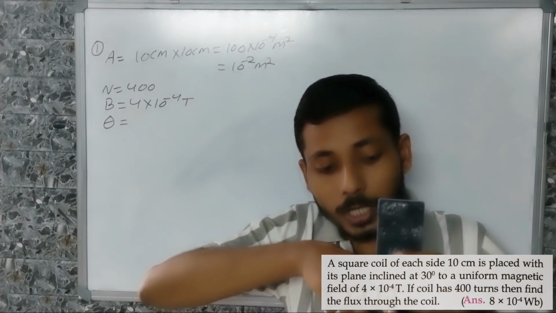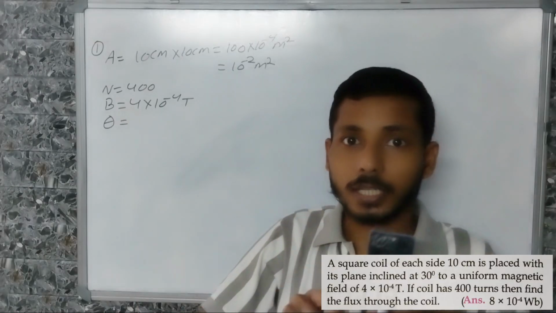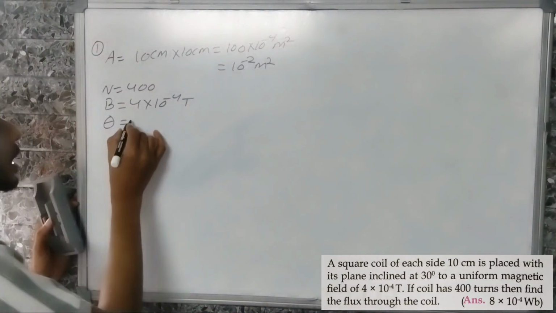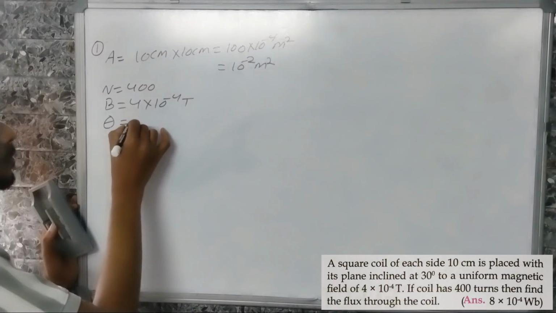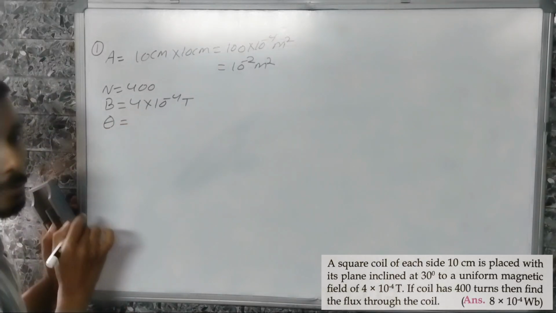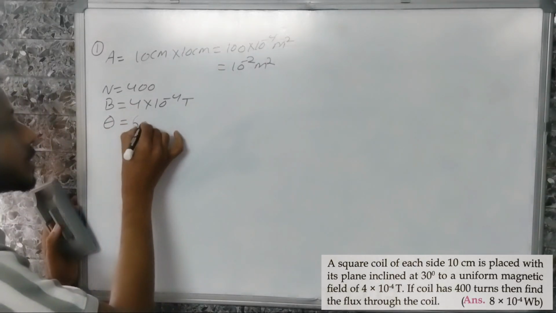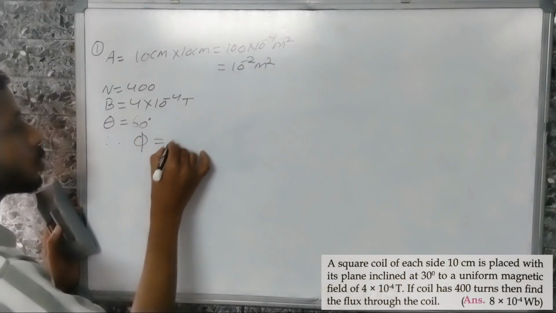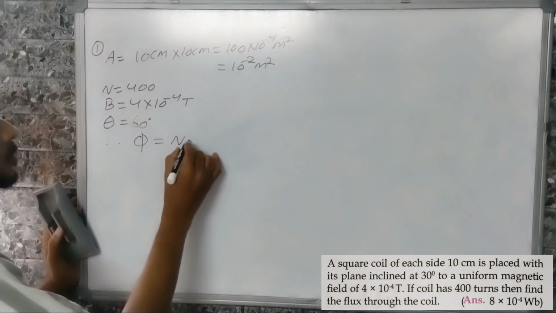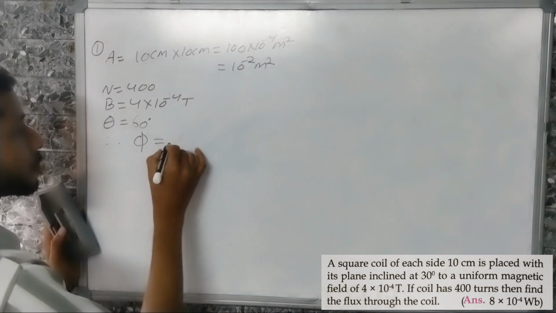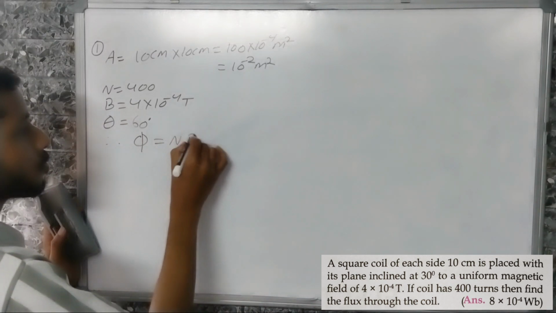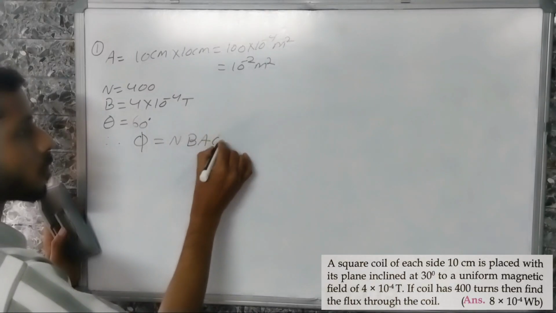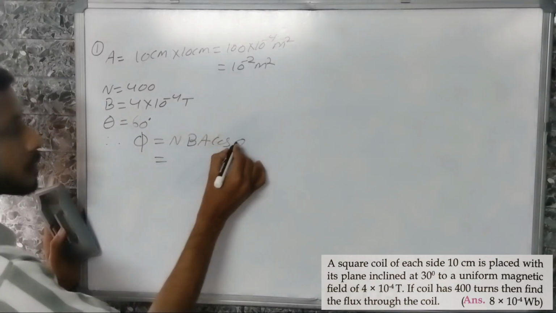So the angle between magnetic field and aerial vector is 60 degree, and theta is the angle between magnetic field B and aerial vector A. So theta is your 60 degree. अतः phi is equal to n B dot A means NBA cos of theta.